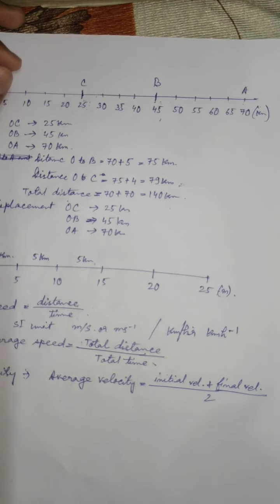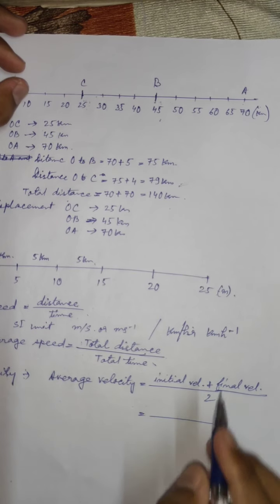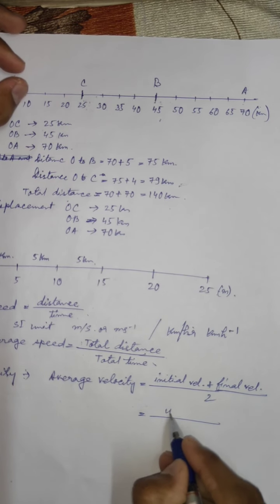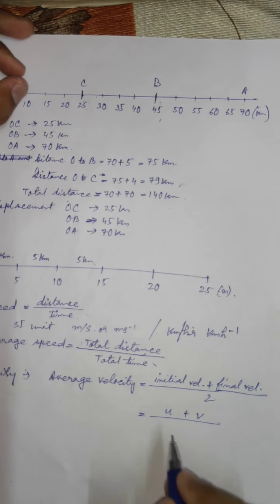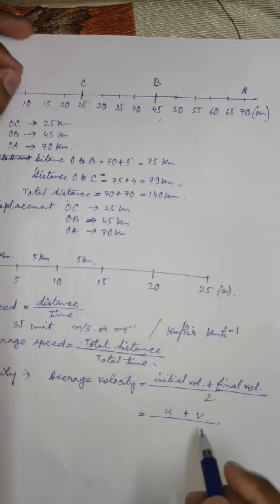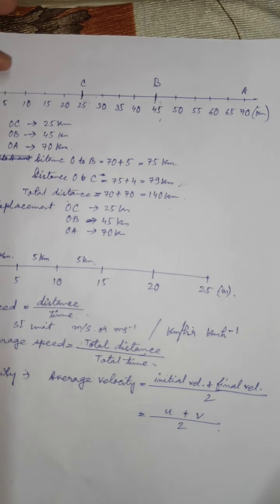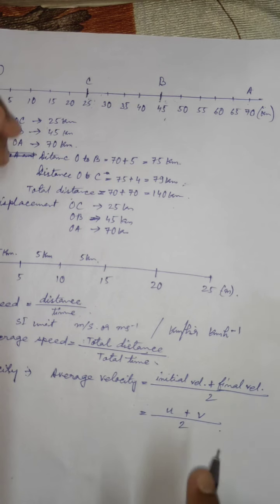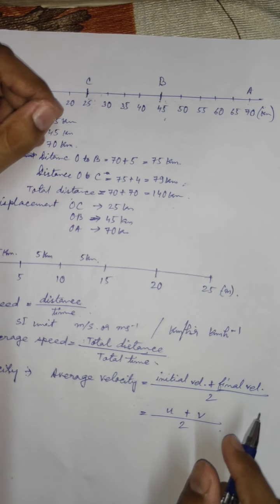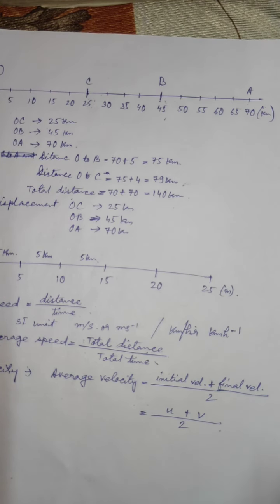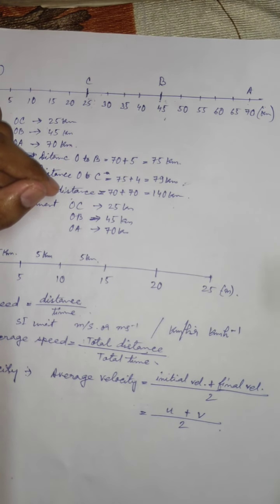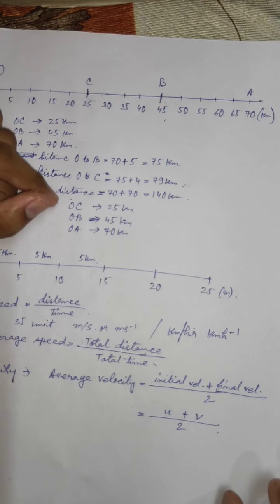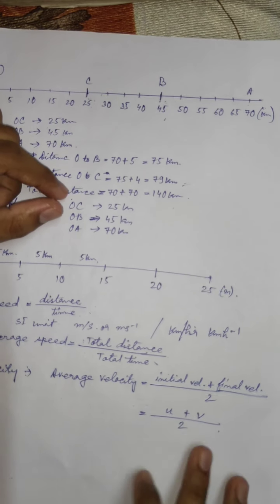This is the arithmetic mean of initial and final velocity, and these are usually expressed as u and v: initial velocity as u and final velocity as v, so average velocity is (u plus v) by 2. This way we can find the average velocity of an object, and the unit will remain the same as previous. So the SI unit is meter per second or meter second inverse, or kilometer per hour. Next we can find the rate of change of velocity.